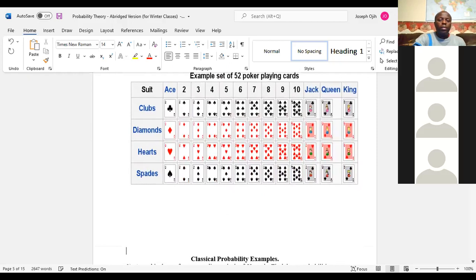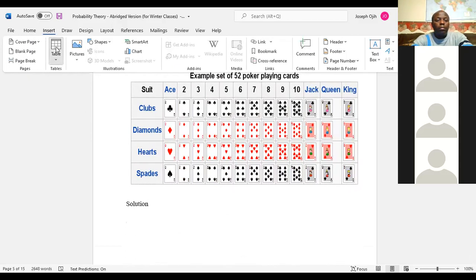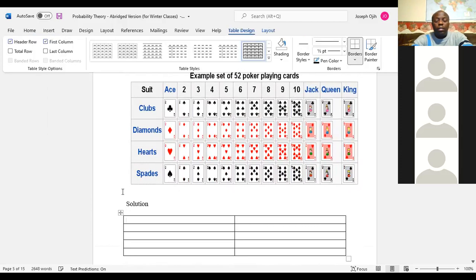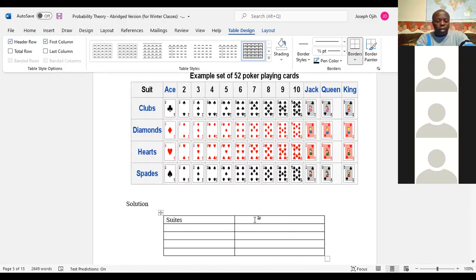Solution: you can see the different suits, and the cards in each suit. The different suits and the number of cards in each.